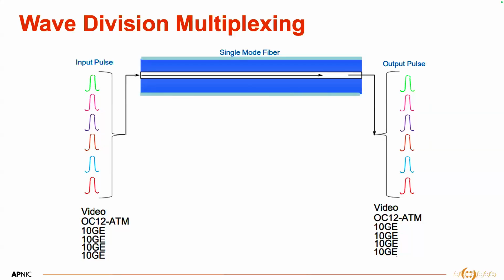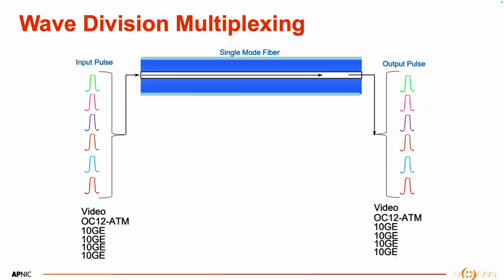Each of the input pulses or wavelengths or waves can carry a different service, right? Like one can carry video, one can carry Ethernet packets, one can carry voice packets, one can carry an SDH signal, one can carry an MPLS signal.